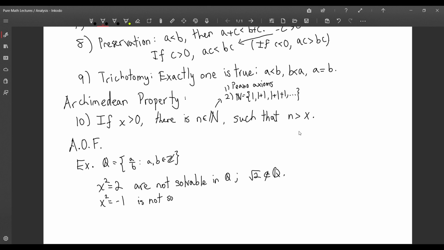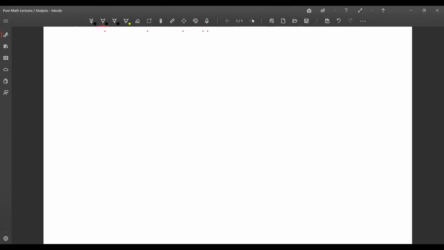It's not solvable in R. For that, you would need the complex numbers, which is the algebraic closure of the real numbers. But rather, the idea of extending Q to R is that we want certain sequences to be convergent. So now we're going to talk about that.